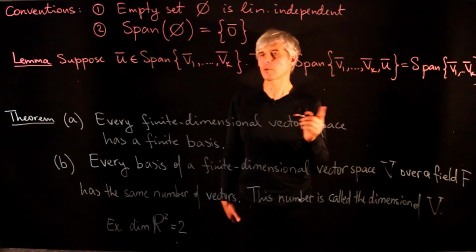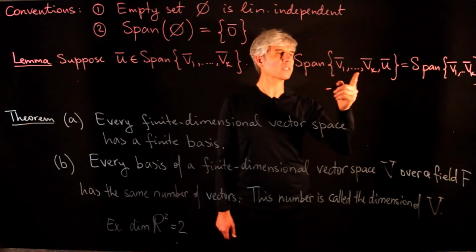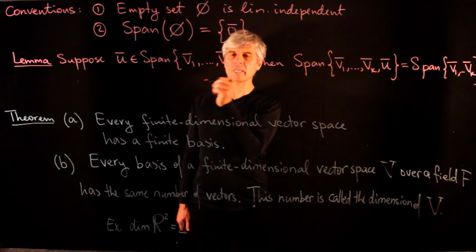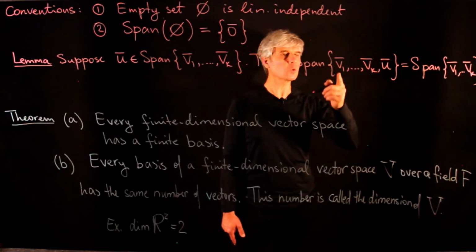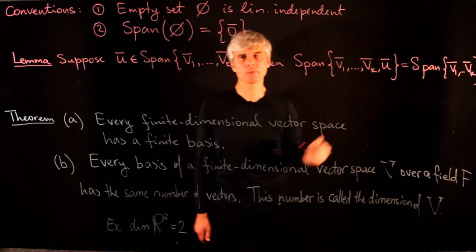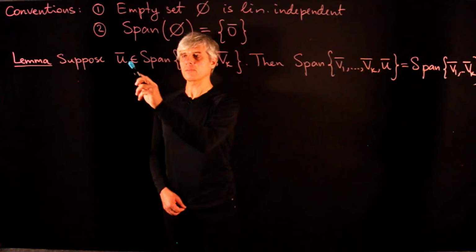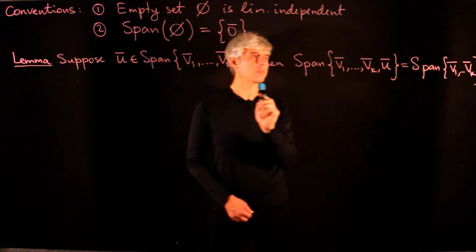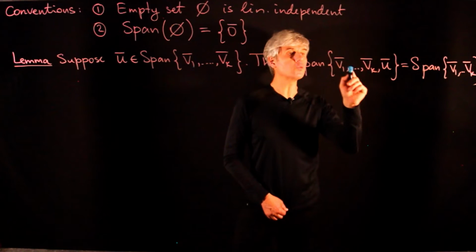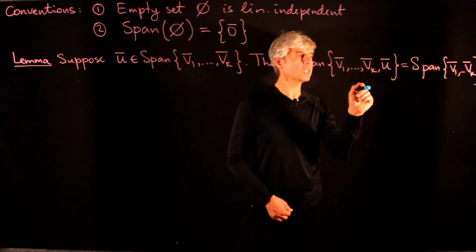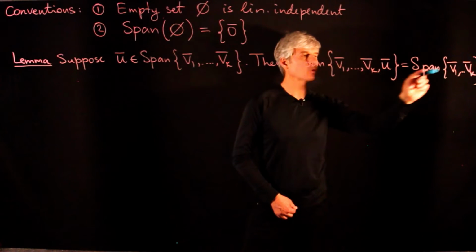In other words, if u already is in the span of these k vectors, then adding u to the set will not change the span. Another way of looking at this lemma is that if u belongs to the span of v1 to vk, then we can remove u from the larger set, and the span will not change.